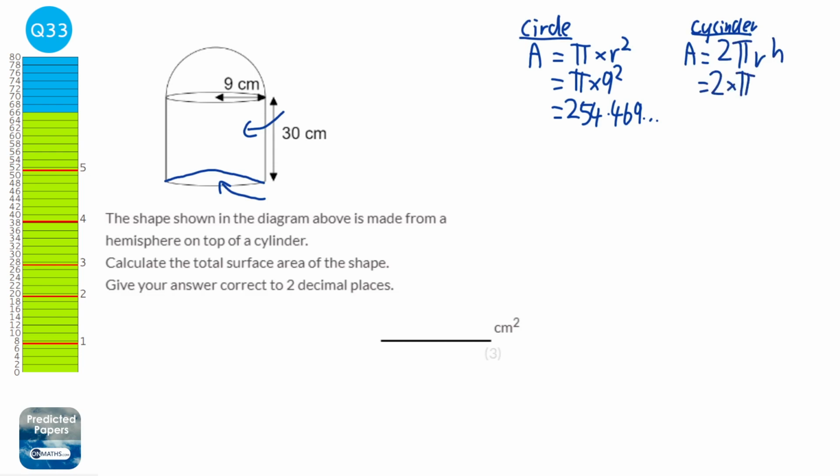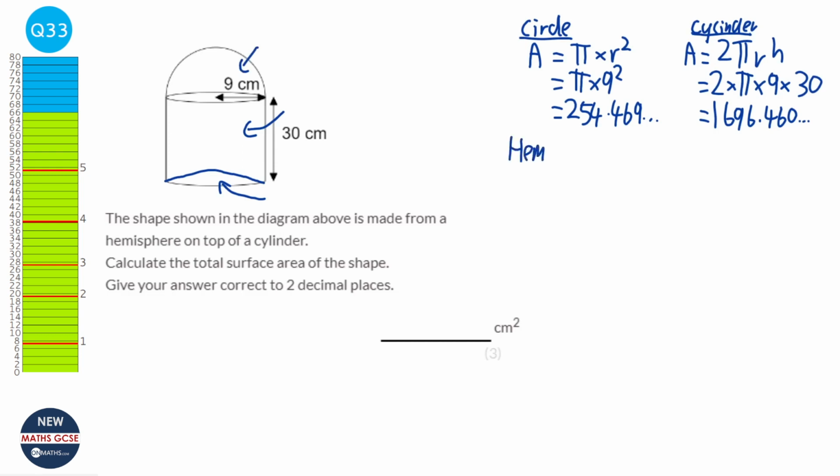So 2 times pi times the radius, which is 9, times the height, which is 30, and that will give us 1696.460 blah blah blah. And the last bit is this hemisphere here, and so let's do the hemisphere.